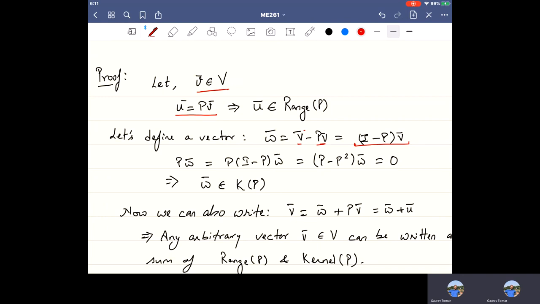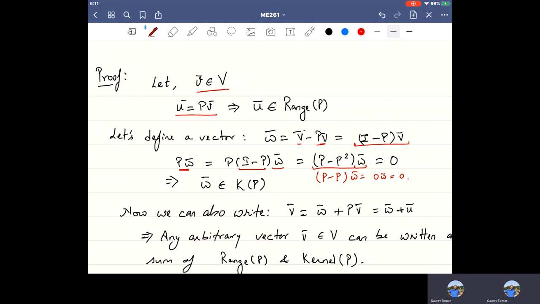Now P times w will be P times (I minus P) times v, and if you take the product of these transformations, you'll get P minus P square times v. Now P square is the same as P, as we have seen, and then essentially what you get is a zero transformation, mapping it to zero always.